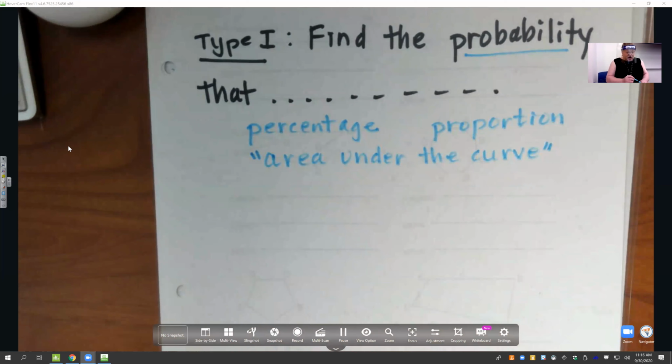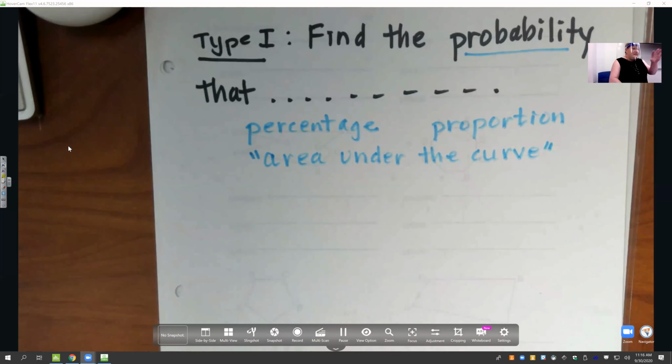Those words are synonymous. They all mean the same thing. And you're going to have to know the difference between the phrasing, because that's going to help you know what command to use in Minitab.